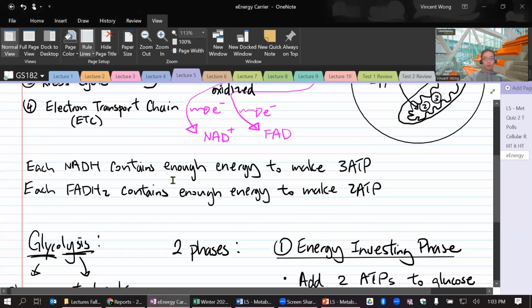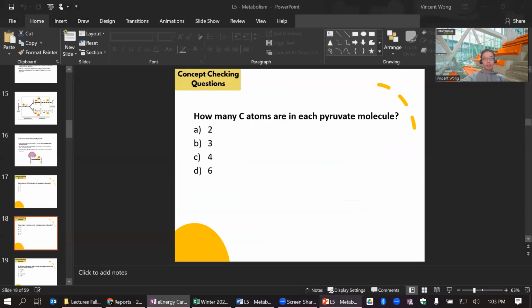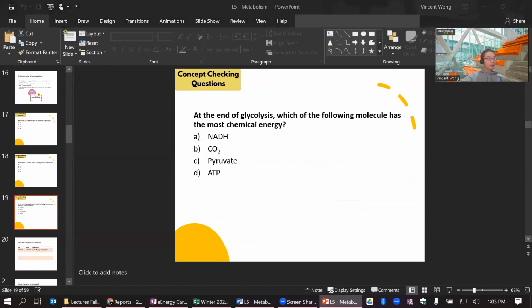In the notes, we wrote that glucose has 6 carbons, and when you split it into 2 molecules, 6 divided by 2 gives you the 3 and the 3. Okay. And this last one here, let's do one more.